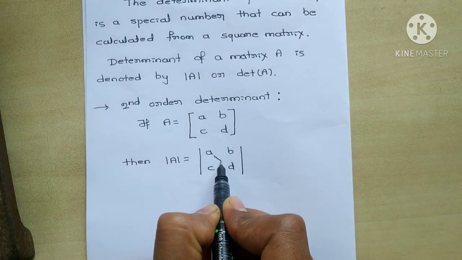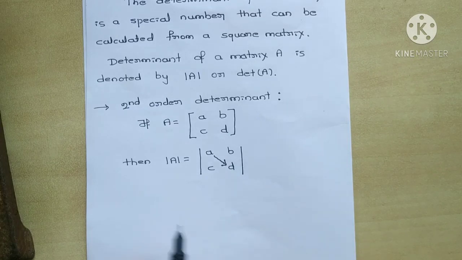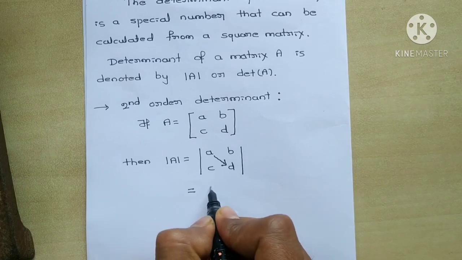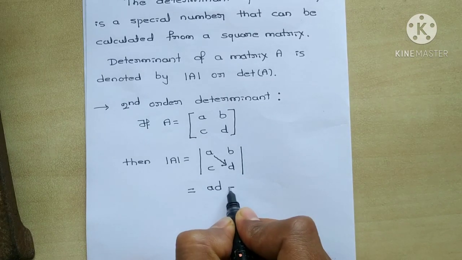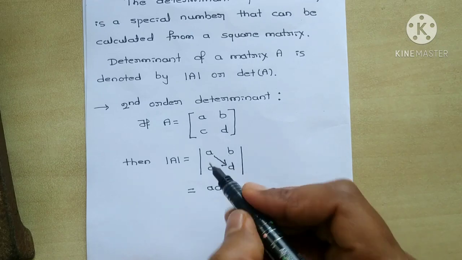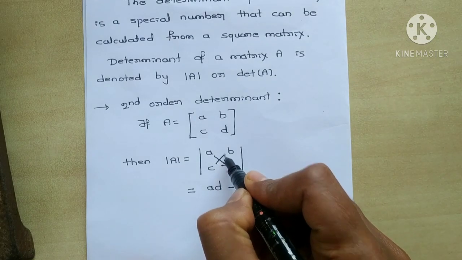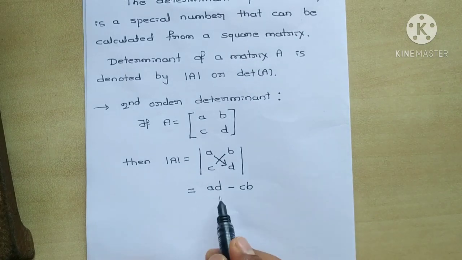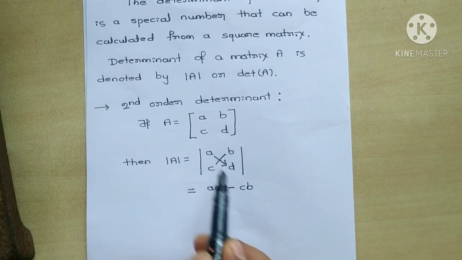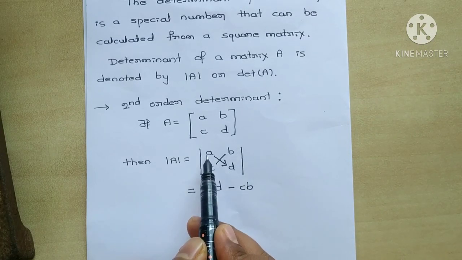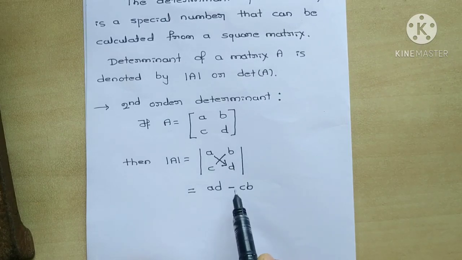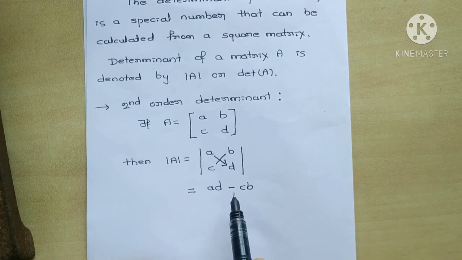These two values you need to multiply first, that is A into D, so AD. In the middle, always a minus sign will come. Later you need to multiply C into B. So this is the second order determinant rule: do cross multiplication, always left top to right bottom, that is AD. In the middle always a minus sign.